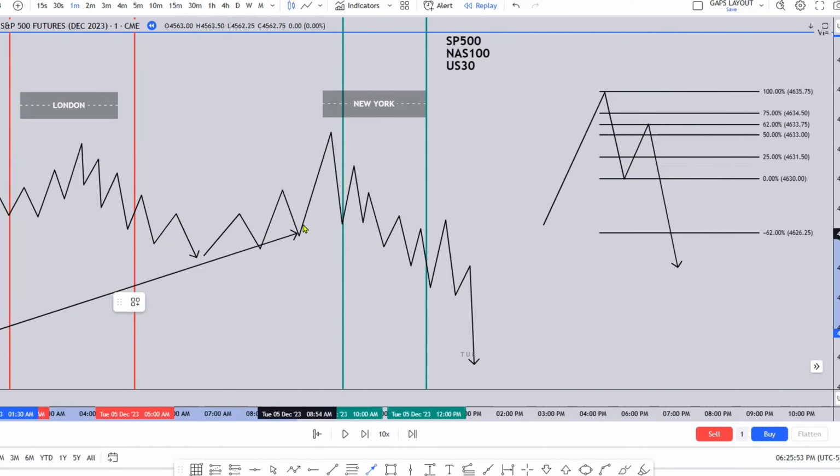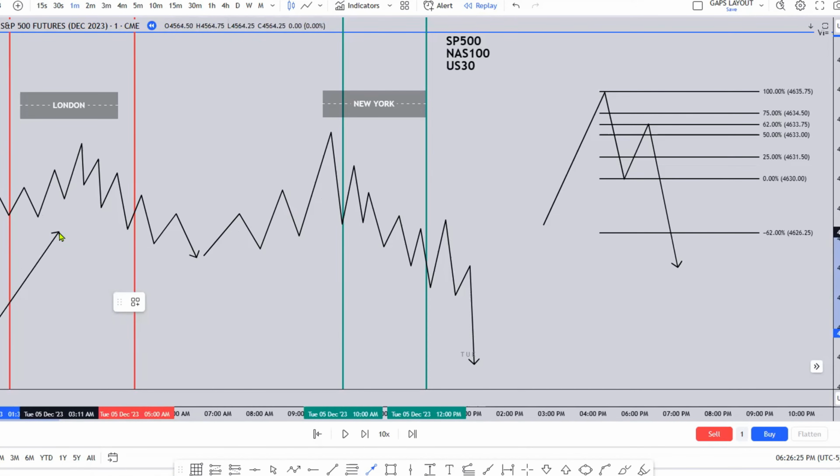Around 9:30 into 10 o'clock, we'll get almost like a Judas swing, the fake out up, right? Maybe take out London's high in the form of liquidity, and then we'll start dropping down into the silver bullet window at 10 a.m., get a retracement, and then continue lower for some sell side liquidity.